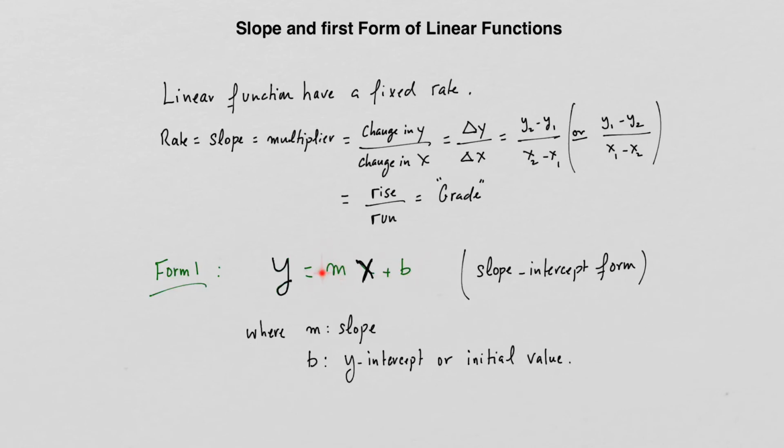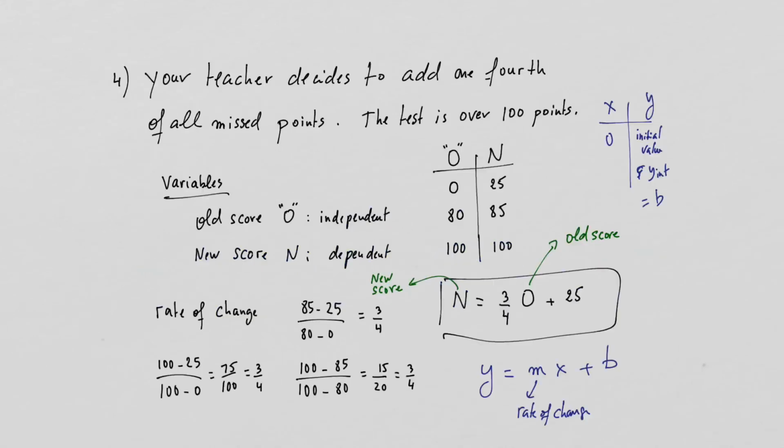We already identified that this has to be 3/4. And this is the initial value. The initial value comes from here. When x is 0, what's the y value? So that number goes here. And that rate of change goes here. And now you have the relationship. Okay? It should make sense to you, by the way, after a while. And I'll explain.